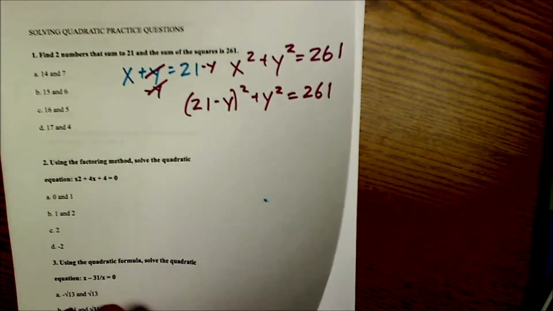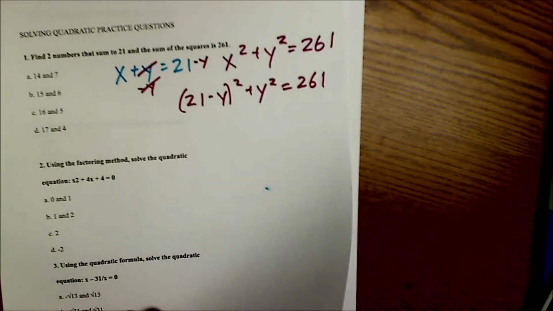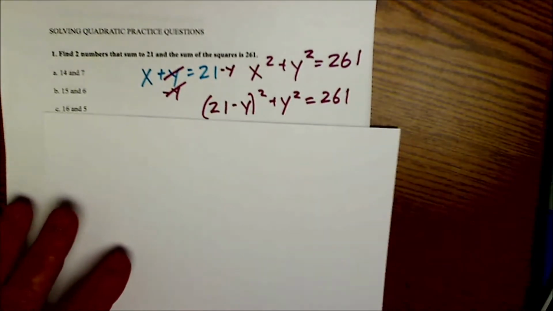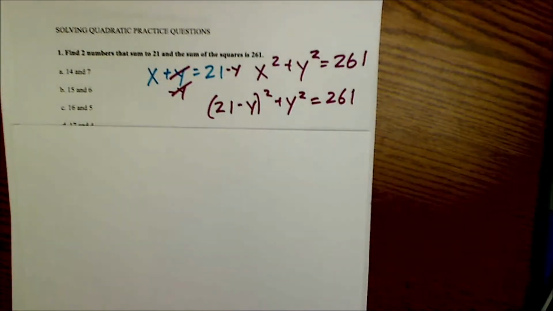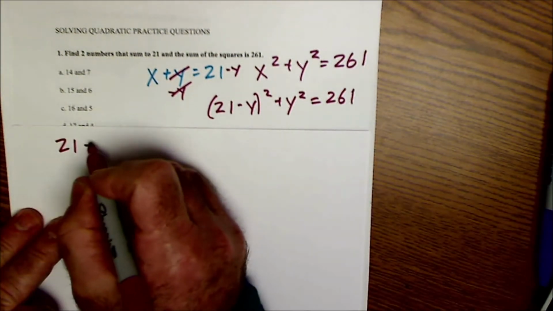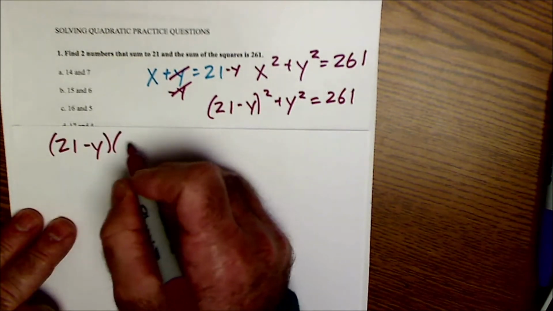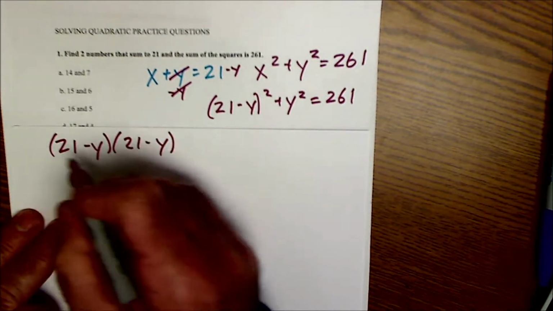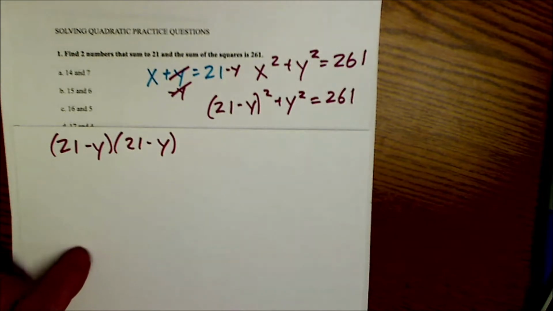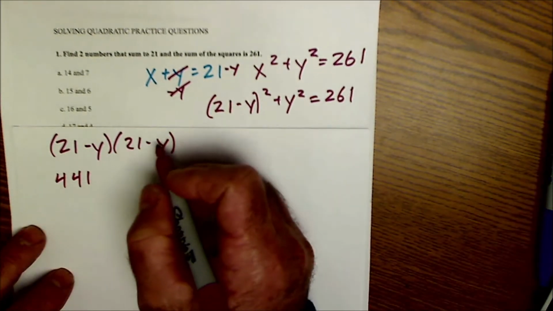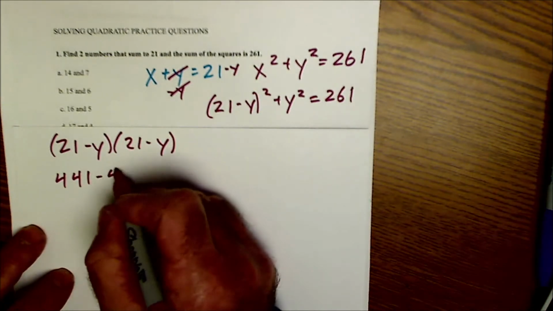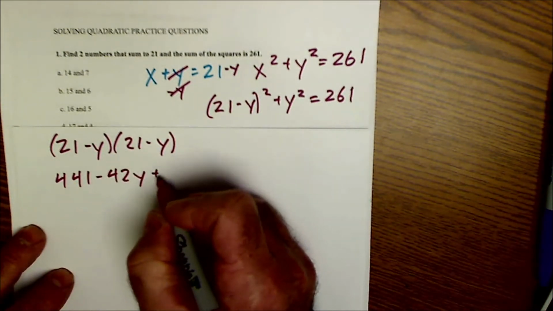And then here, I'm going to need some more paper. What I'm going to do here is FOIL this whole 21 minus y out. So I have (21 minus y) quantity squared, which is 21 minus y times 21 minus y. 21 times 21 is equal to 441 minus 21y minus 21y plus y squared.